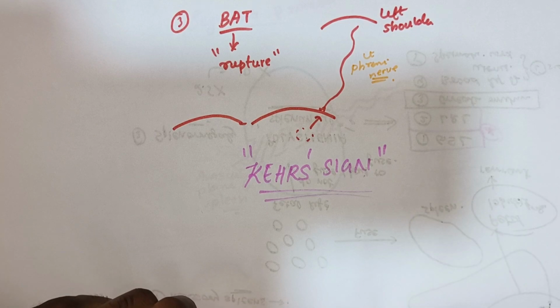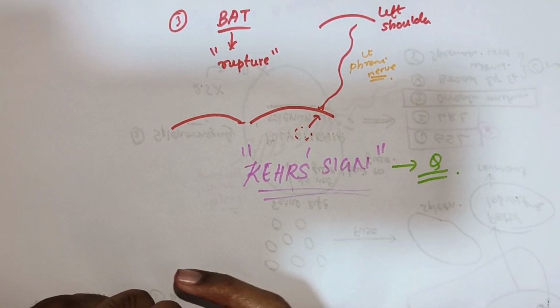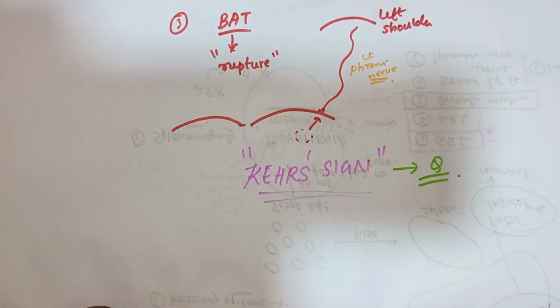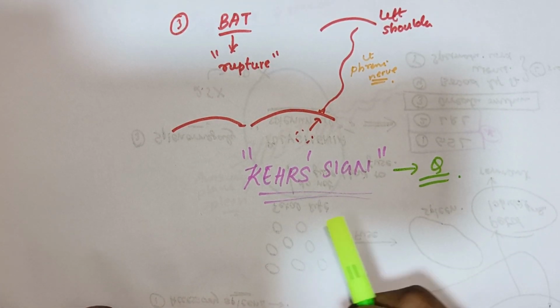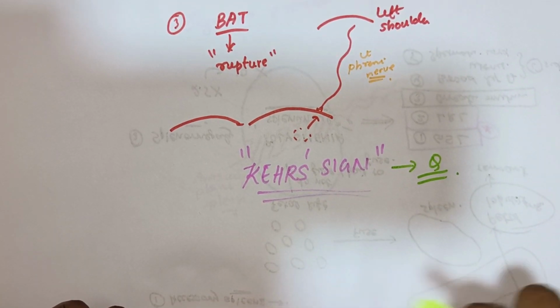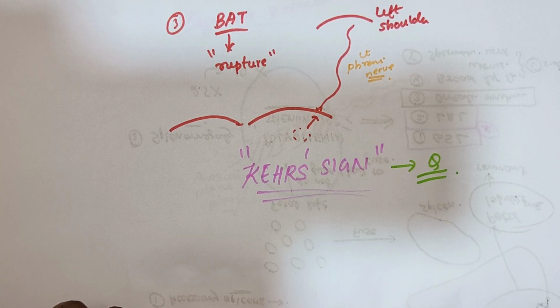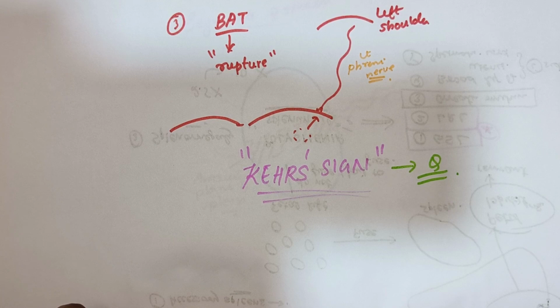This can be framed as a question, and it has been asked as a question in previous years also, because this is a very important clinical sign. The case might come up as a person who has recently suffered a road accident comes to the emergency department, and the patient complains of left shoulder pain and was hit on the left side.